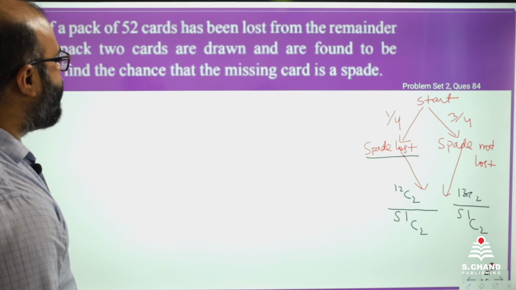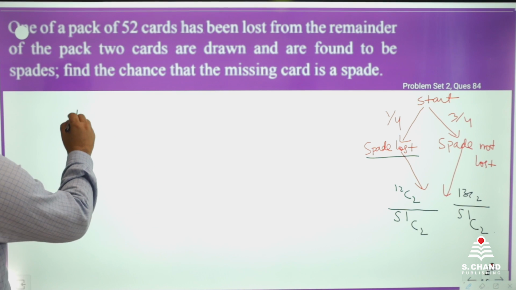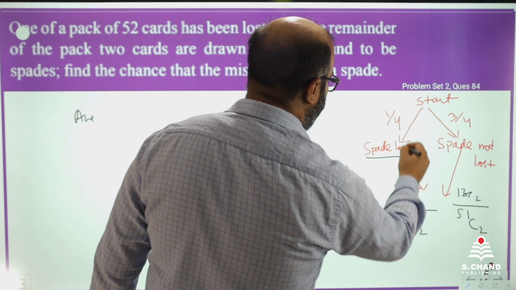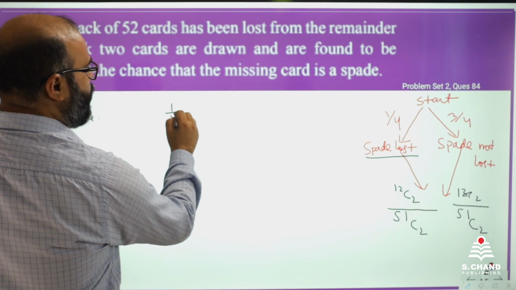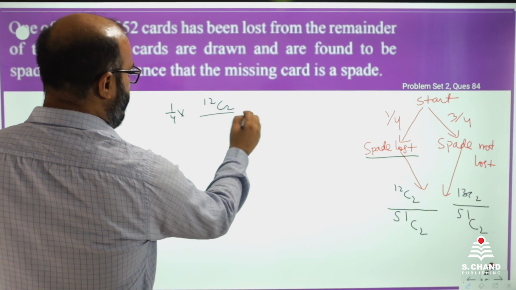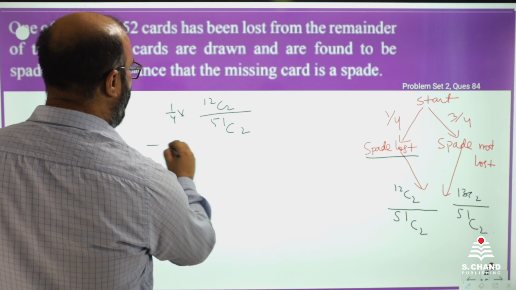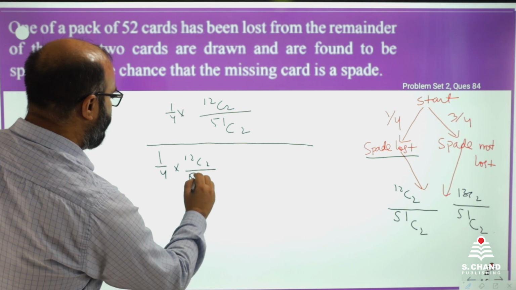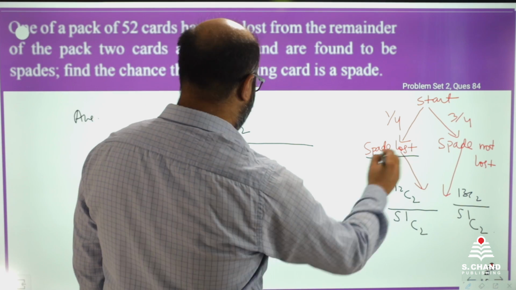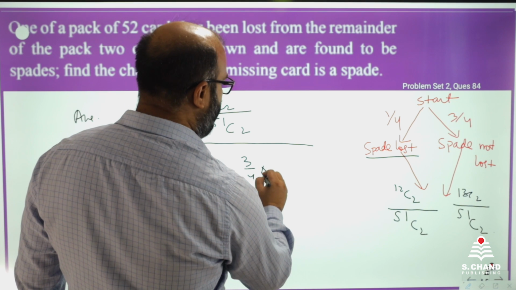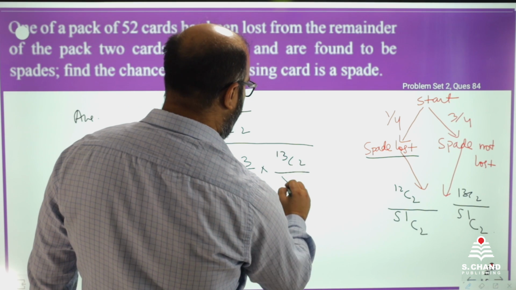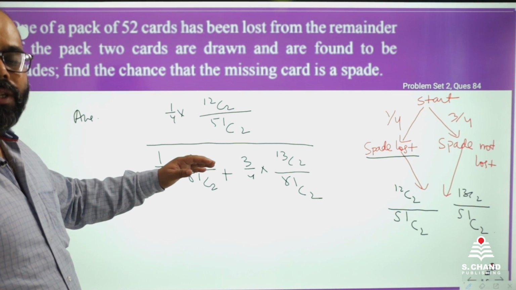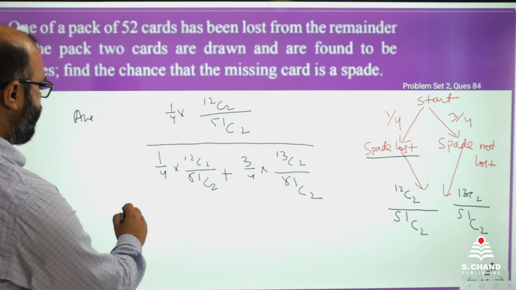So if you calculate, the answer by Bayes theorem, missing card is a spade, you will multiply this with this: 1 by 4 into 12C2 by 51C2, upon 1 by 4 into 12C2 upon 51C2 plus 3 by 4 into 13C2 upon 51C2. So in the denominator we use the total probability theorem in Bayes theorem.